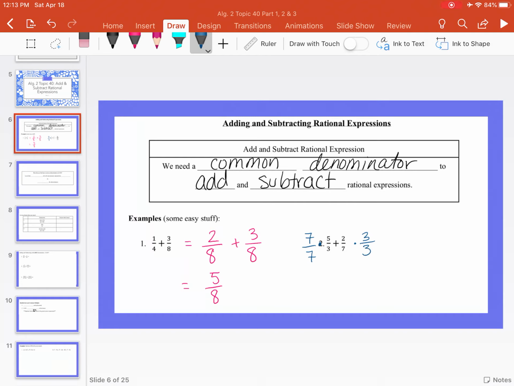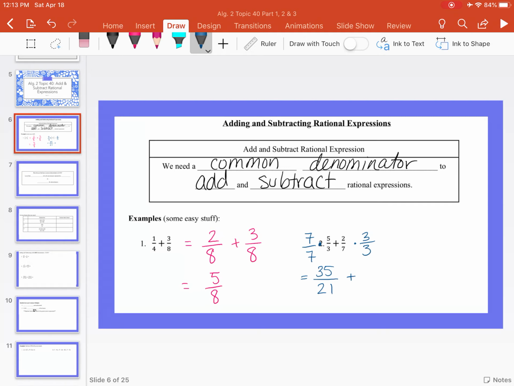Now we can do this because 7/7 and 3/3 just simplify to 1. And if we multiply 1 by a value, the value doesn't change. After we find the product of these two individual fractions, we can rewrite them as 7/7 times 5/3 gives us 35/21.